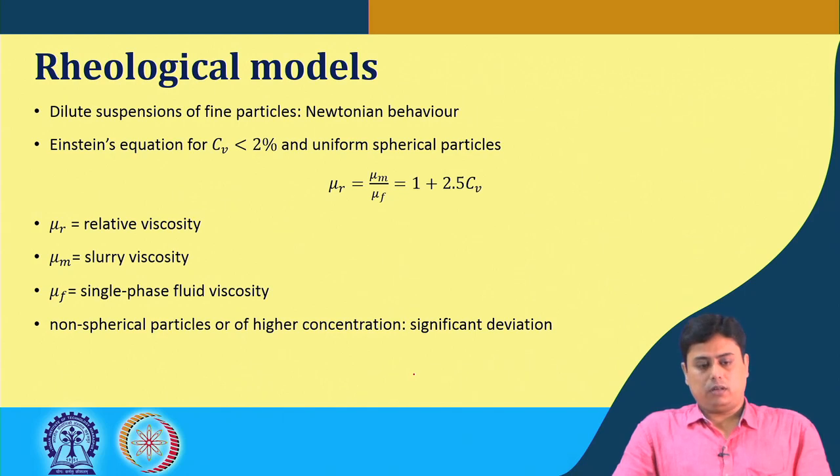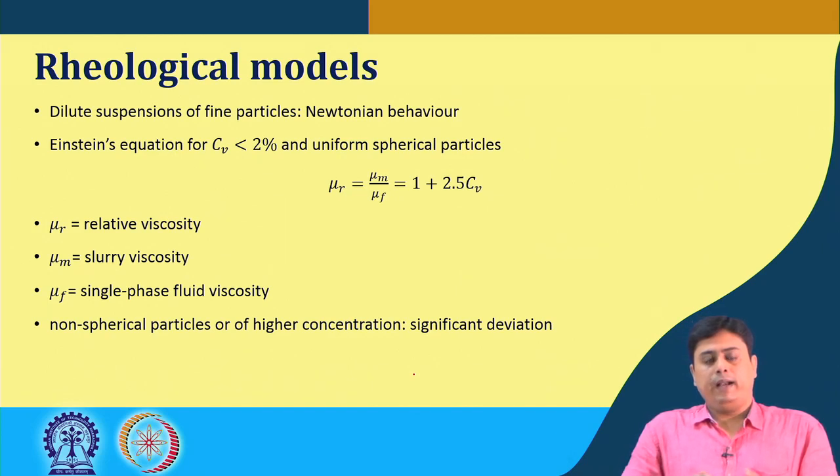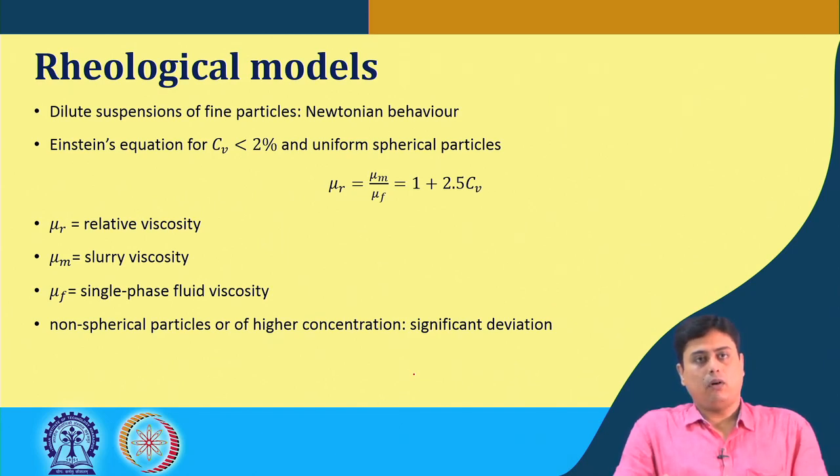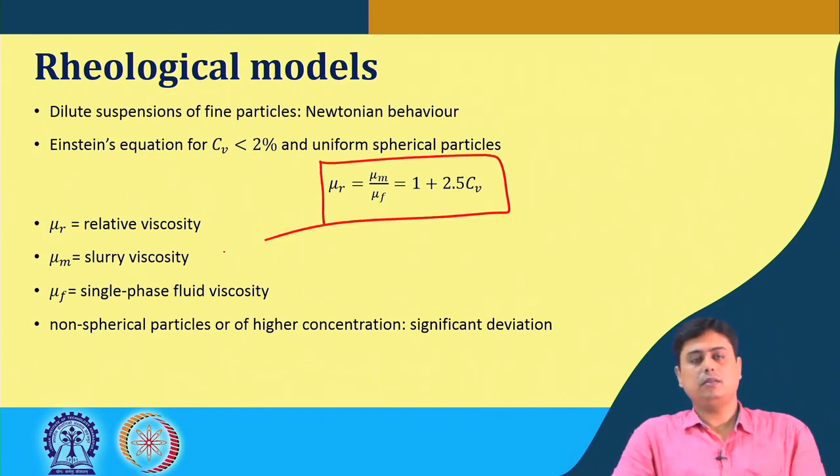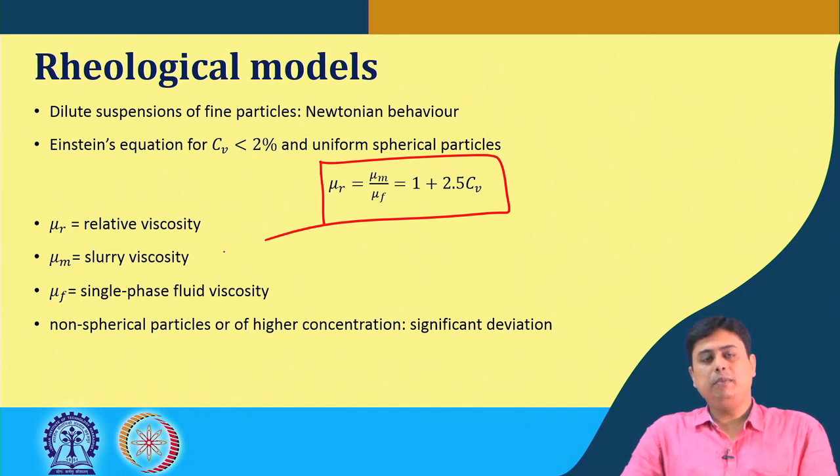Now, in dilute suspensions of fine particles, this kind of slurry basically behaves as Newtonian fluid, and in order to obtain its viscosity, there is a theoretical relation proposed by Einstein, which says that for lower than 2% volume fraction of the solids in a slurry which contains uniform spherical particles, the viscosity can be obtained from the Einstein relation, given as this expression, where mu m is the slurry viscosity and mu f is the single phase fluid viscosity, that means the original liquid viscosity, and Cv stands for the volume fraction of the solids.